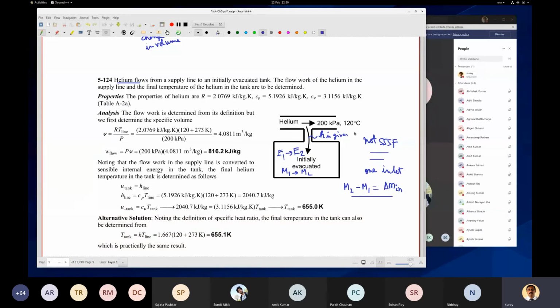And this is the delta M, and this is H. Here also, what is coming in is delta M, which is M2 minus M1, and here this is E1 and E2, where E1 is equal to M1 into e1, and E2 is equal to M2 into e2. So this is how you have to set up the equations.